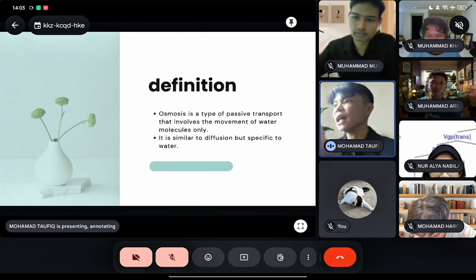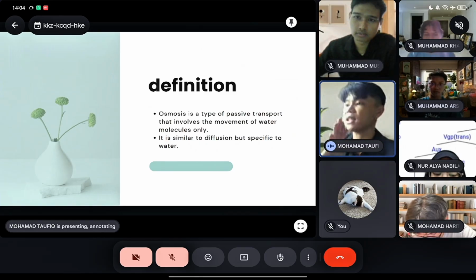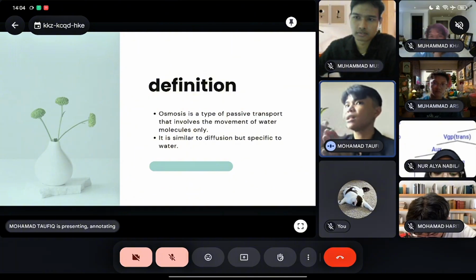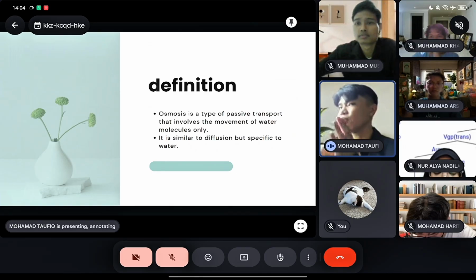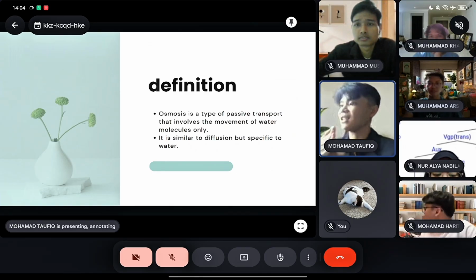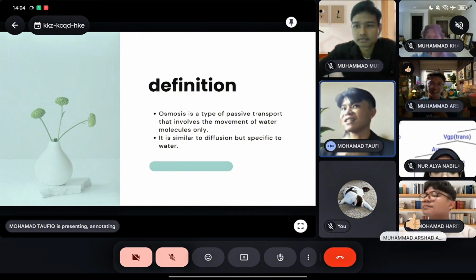The molecules and ions that move across the membrane will have the same rate, meaning the rate of entry through the selectively permeable membrane equals the rate of exit. That's what dynamic equilibrium means. It still achieves the balance, and the movement never stops. It's just that the rate of entry across the membrane equals the rate of exit. So that is the answer. Does that answer your question?